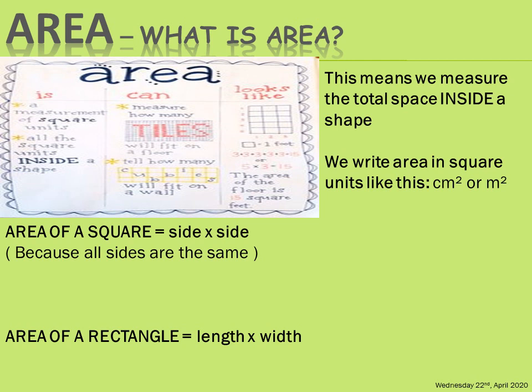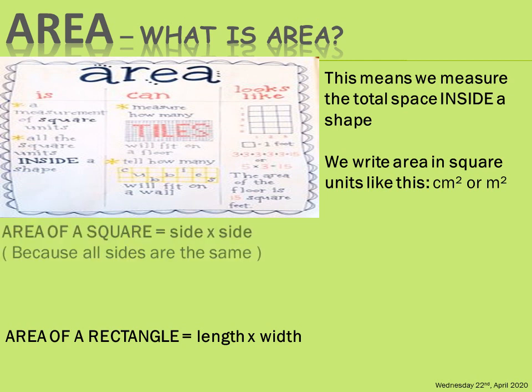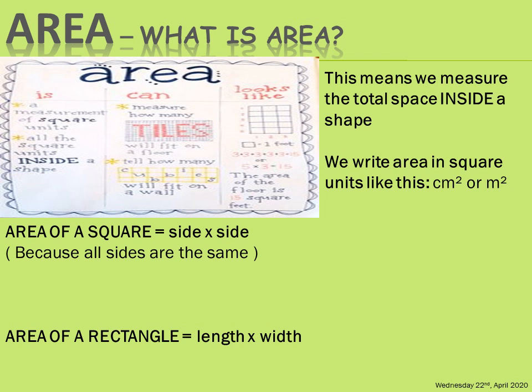Okay, now for a square. To find the area of a square, we have to multiply side times side. For perimeter, we add. For area, we multiply side times side. Okay? So, if the side of my square, like I have a square here, can you see this? I said to you earlier that all the sides are the same.